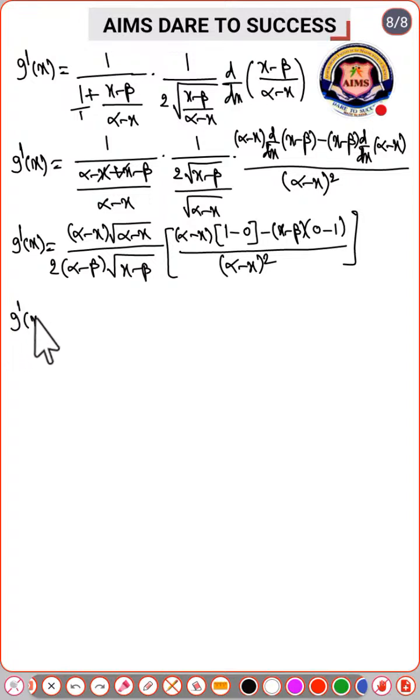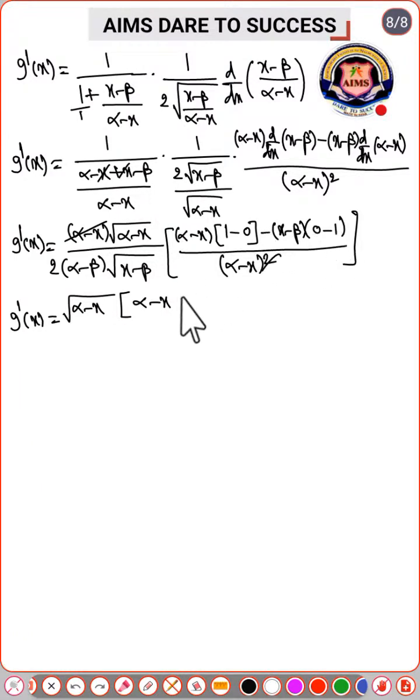So g dash of x is equal to alpha minus x into, okay, here we can take cancellation, 1 time alpha minus x, here 1 time alpha minus x. So the remaining value is root alpha minus x. So 1 minus 0 is 1. 1 into alpha minus x is alpha minus x. After that 0 minus 1 is minus 1.